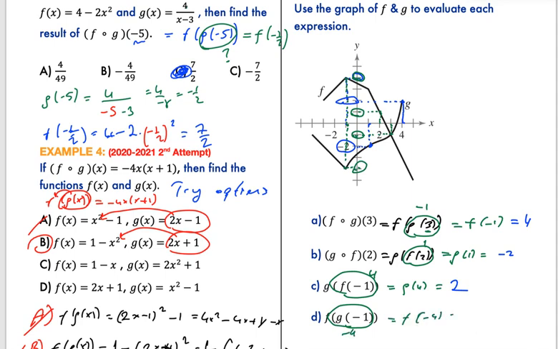Now evaluate it for the outside function. Find -4 on the x-axis. -1, -2, -3, -4 is here. Go to function f. When I go down, there is no function f. When I go up, there is no function f. So I don't hit the graph. There is no f for x equals -4. So I can't find the answer. I'll simply say the answer is undefined.